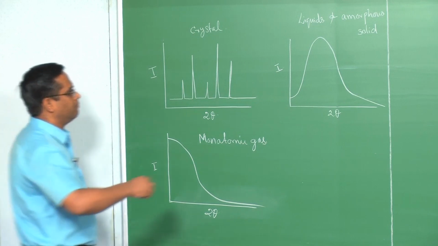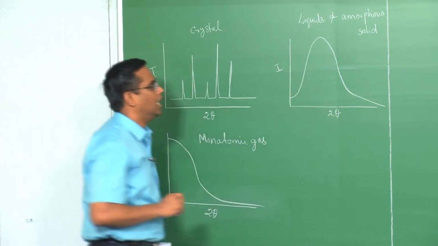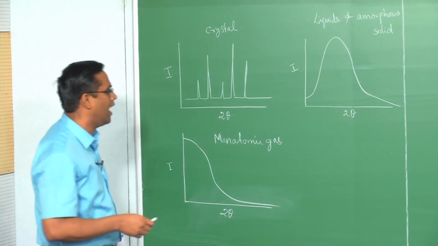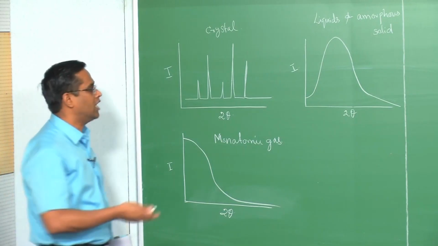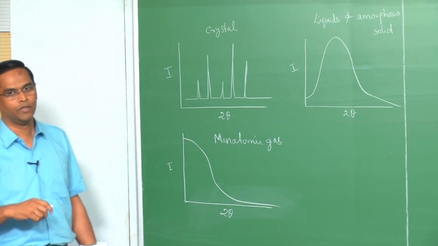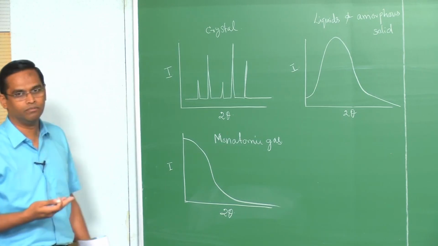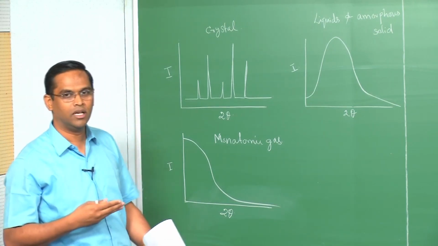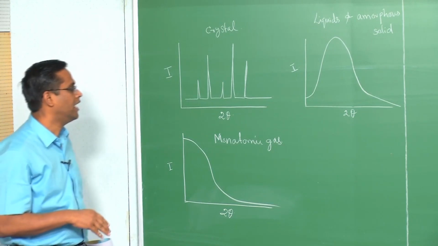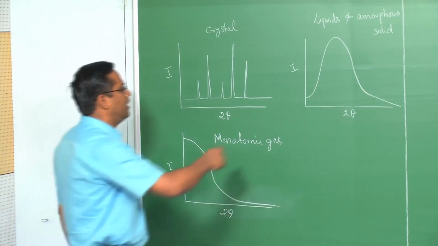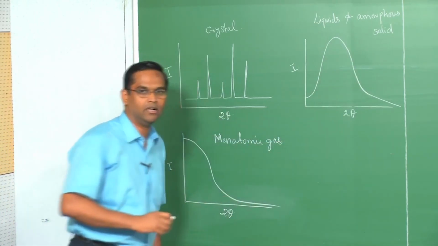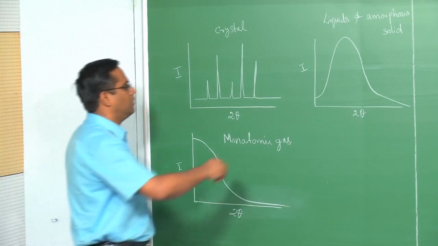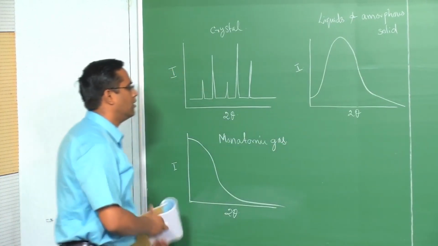If you look at the intensity versus 2 theta pattern for liquids and an amorphous solid, it is quite interesting to note that you do not have a sharp peak at a given 2 theta. It is quite random, a lack of order. There is no concrete order or three-dimensional periodicity. The one or two peaks are statistically chosen by the system, and what you really observe is a very broad peak.